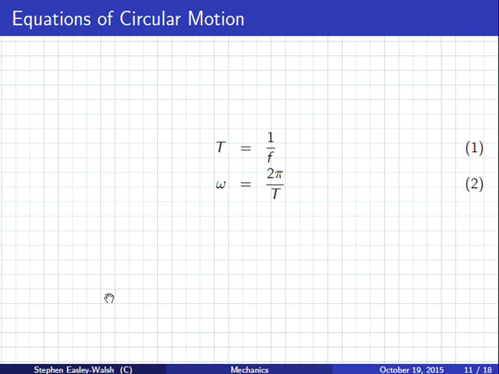The second formula, omega equals 2 pi over T. You know what omega is: angular velocity. You remember? Formula number 3. The velocity equals omega r.